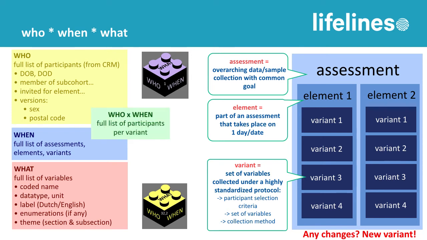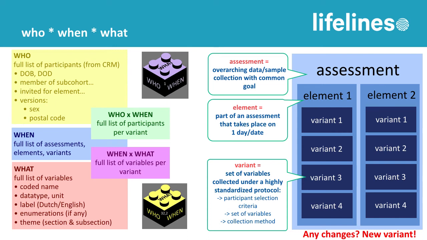And so what we do then is we also have on our platform a complete cross table of which participants participated in which variant. So a full list of all the who, when combinations, variants in this case. We also have a cross table with a full list of combined when and what.